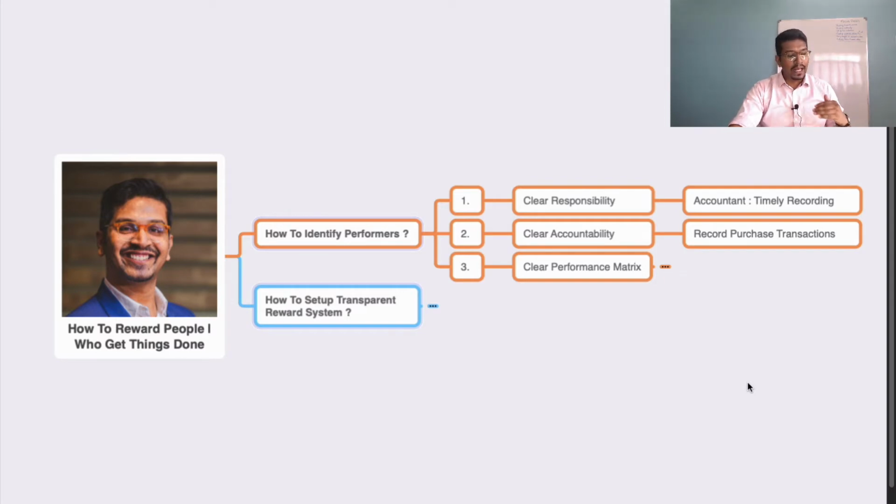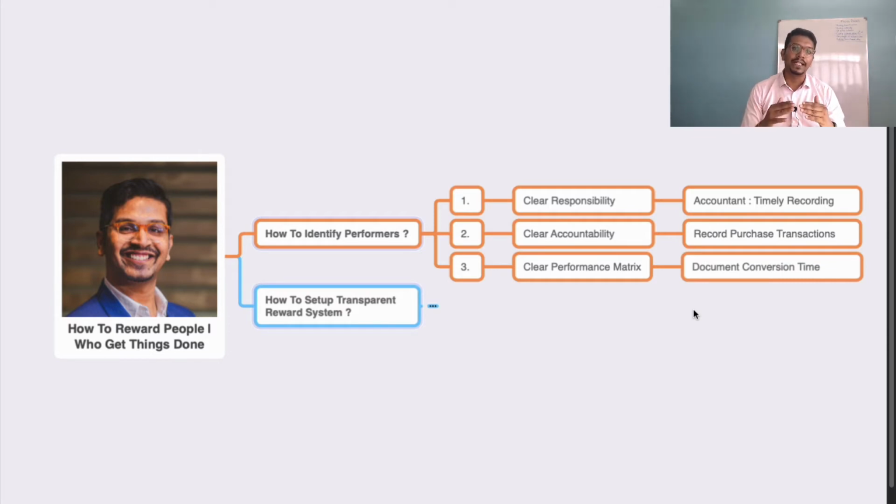And one step ahead, you need to clearly define the performance outcome that you are expecting from them. In my case, for this specific activity, the performance matrix is document conversion time.